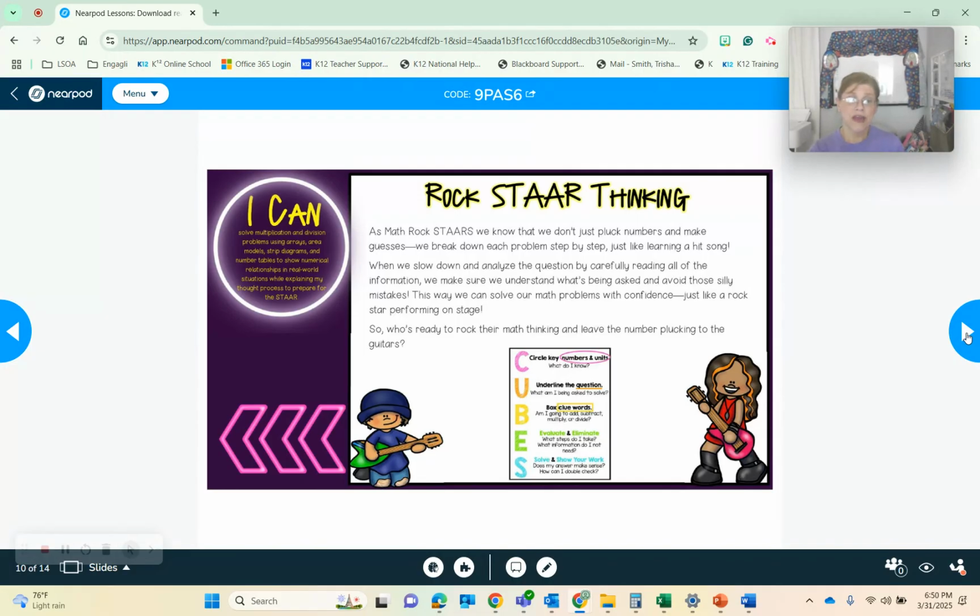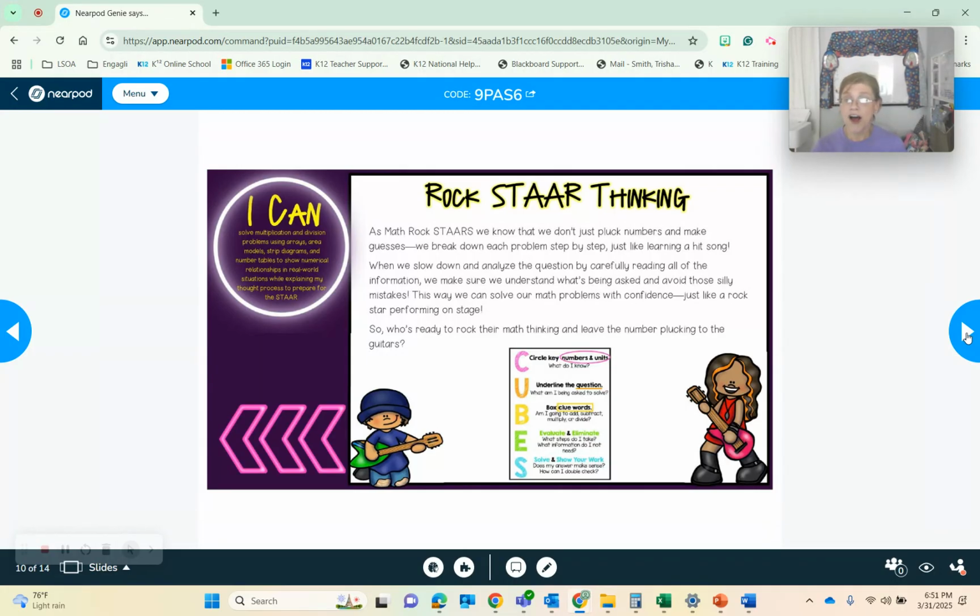Rock star thinking. As math rock stars, we know that we don't just pluck numbers and make guesses. We break down each problem step by step, just like learning a hit song. When we slow down and analyze the questions by carefully reading all of the information, we make sure we understand what's being asked and avoid those silly, trickersome mistakes.